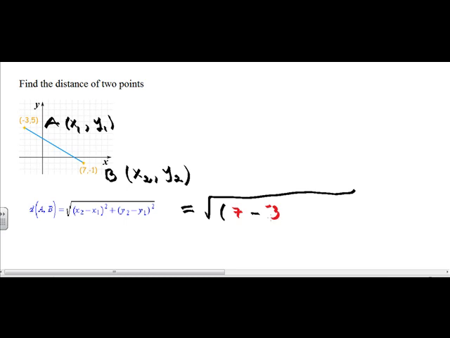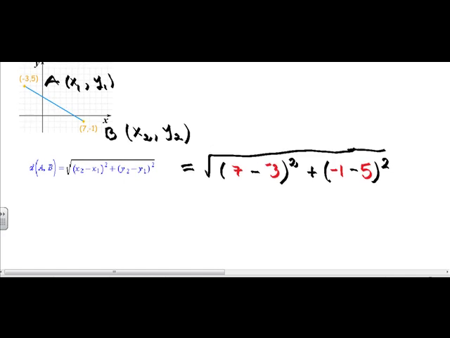So I have minus minus 3, squared, plus y2. y2 is minus 1, then minus y1. y1 is 5. And then square. Now I'm going to simplify.